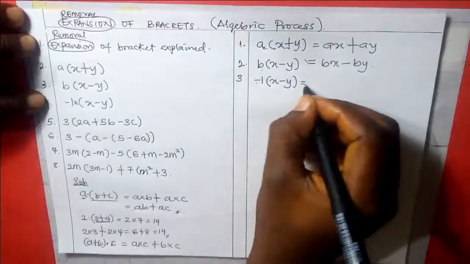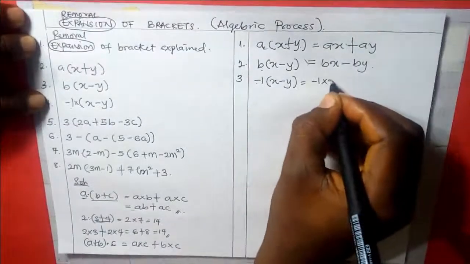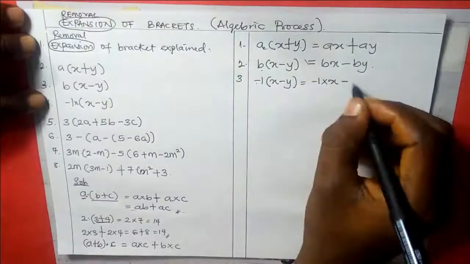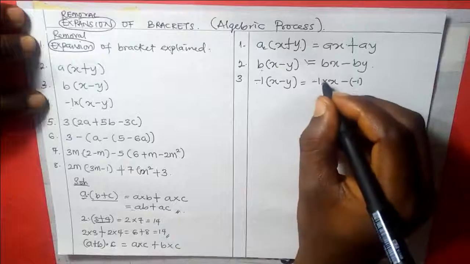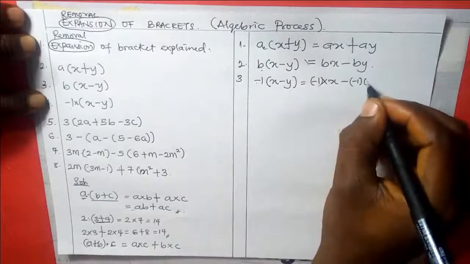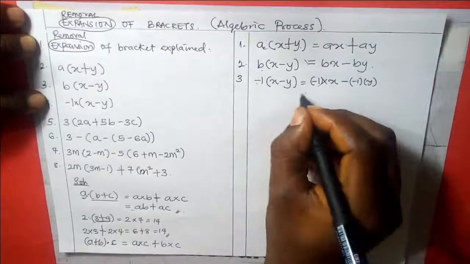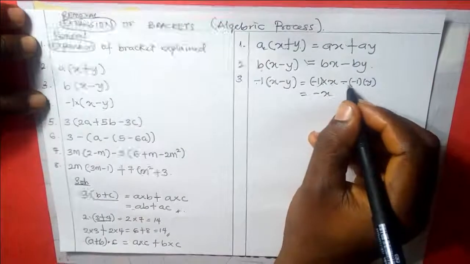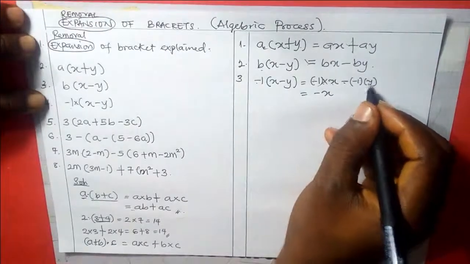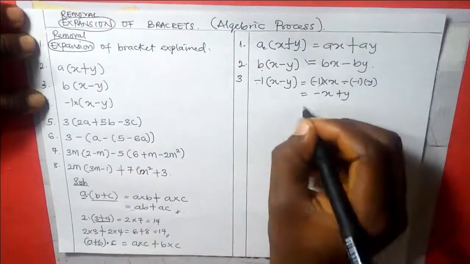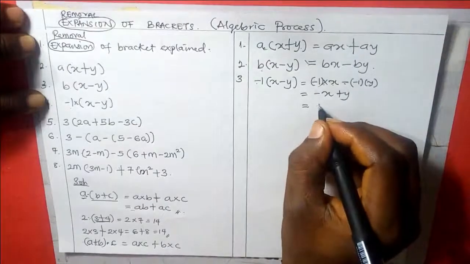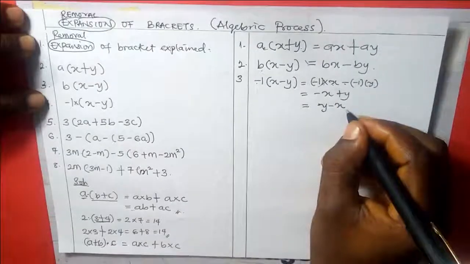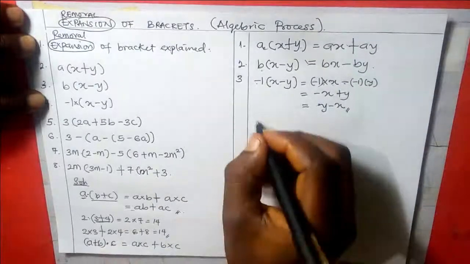So I now have -1 multiplied by x, then minus -1 multiplied by y. -1 multiplied by x will give me negative x. -1 multiplied by negative y will give me plus y, which is equal to y minus x.